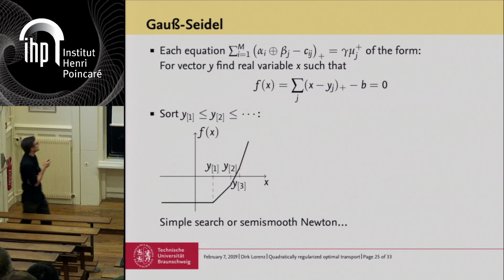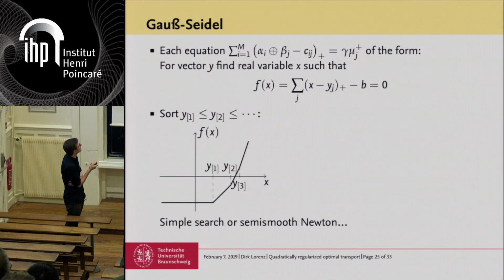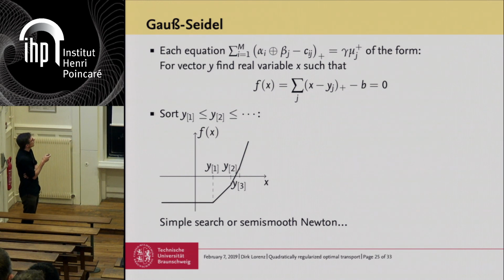OK, first for Gauss-Seidel. Of course it works, but let's have a small look at what you have to do. If you fix all the alphas and want to solve this for beta j, you are faced with a problem which looks like this. You have a scalar value b, which comes from here. You have a vector yj, which comes from the alpha and the c, and you just look for one real variable x such that this is the root of this function over here.